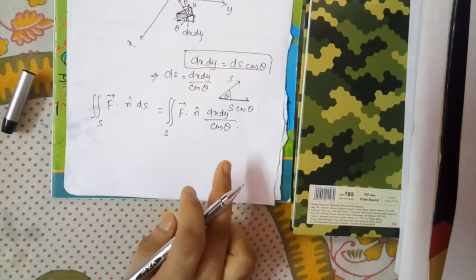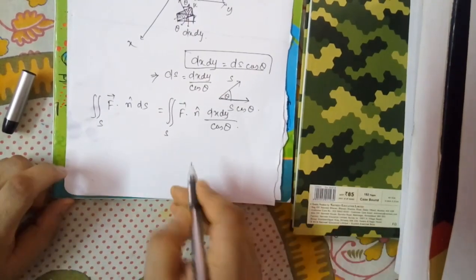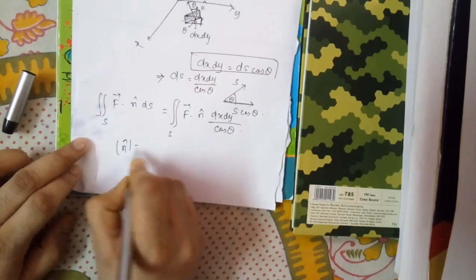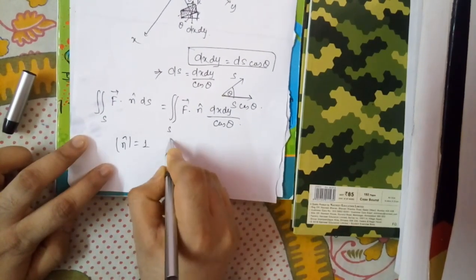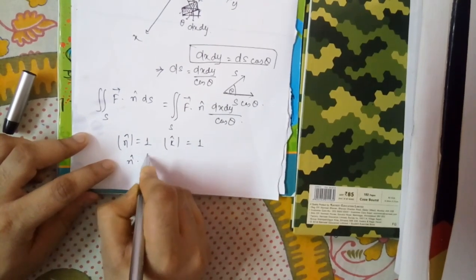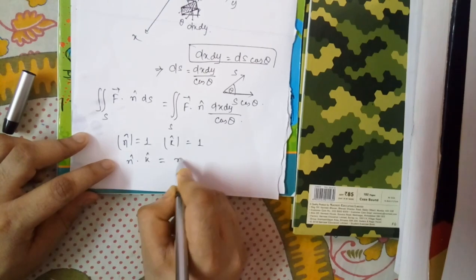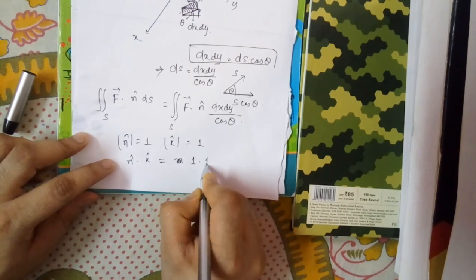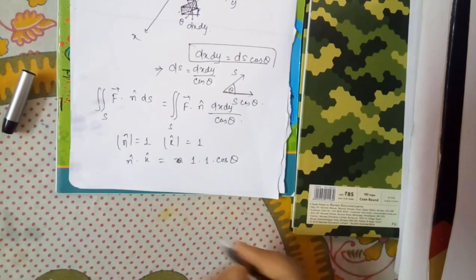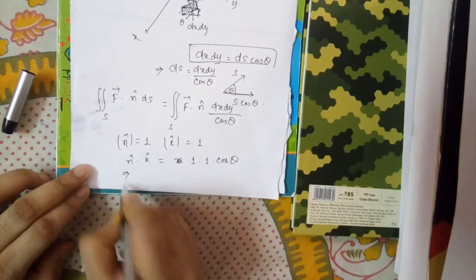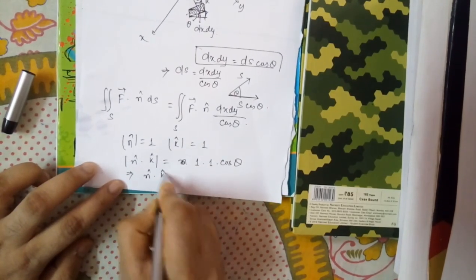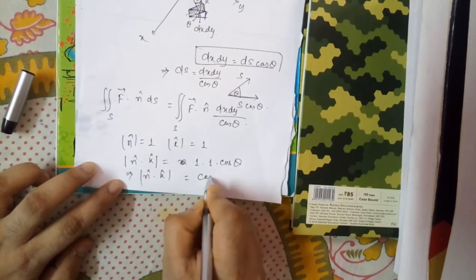Now we have to find this cos theta. How do we find this? We know the magnitude of n cap equals 1, and the magnitude of k cap equals 1. So n cap dot k cap is equal to 1 into 1 into the cosine of the angle between them. So it implies that n cap dot k cap is equal to cos theta.